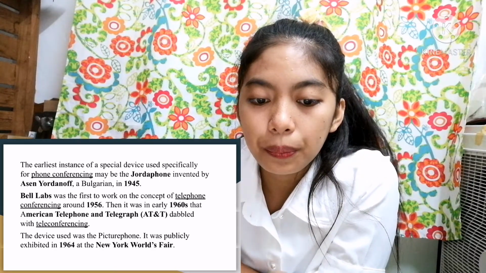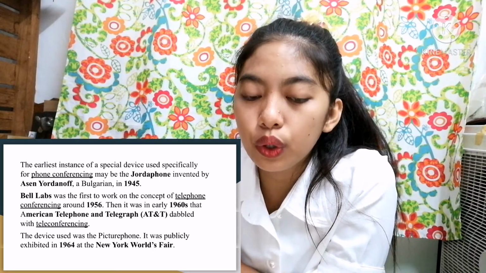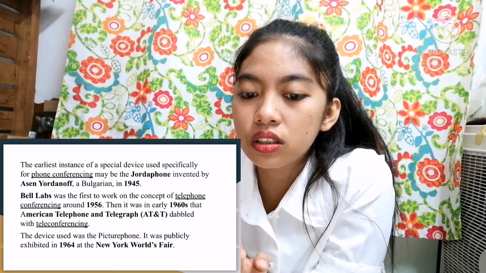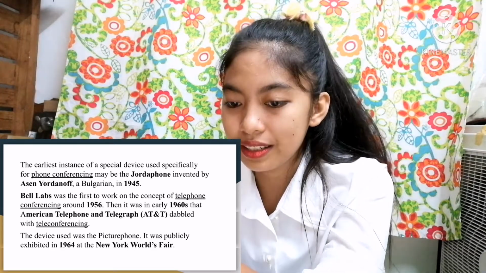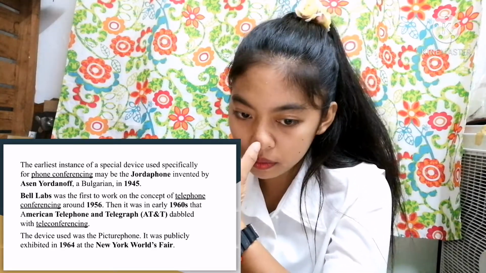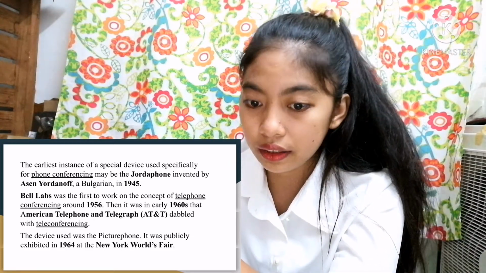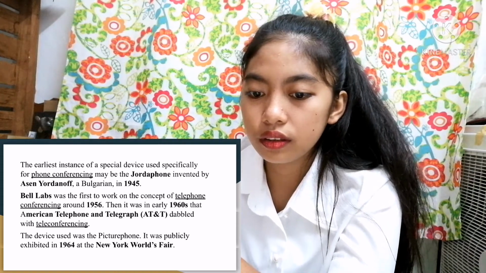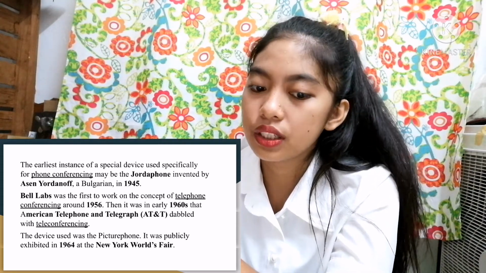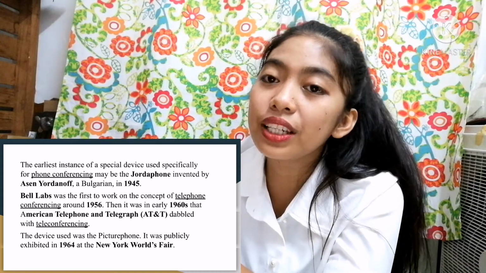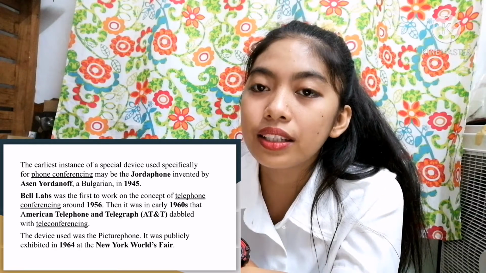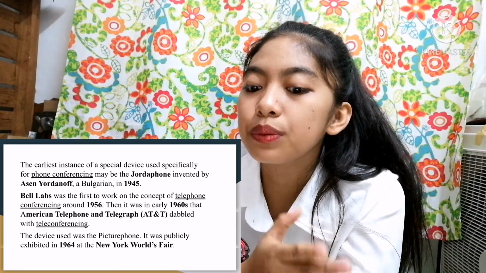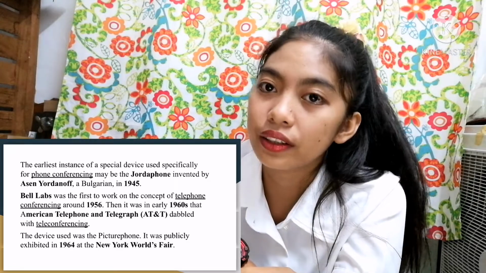Bell Labs was the first to work on the concept of teleconferencing around 1956. Then in the early 1960s, AT&T dabbled with teleconferencing. The device used was the Picturephone. It was publicly exhibited in 1964 at the New York World's Fair.